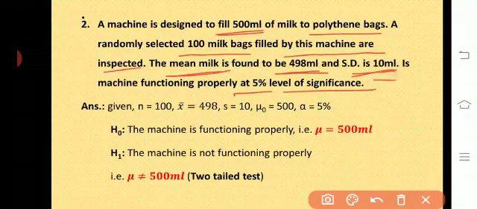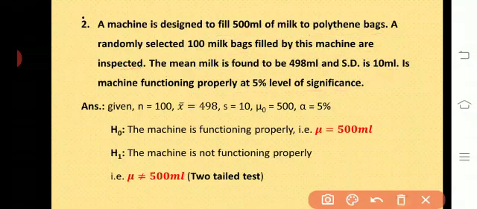We can say that the machine is functioning properly if the average milk filled in these polythene bags is equal to 500 ml. If it is less than or more than 500 ml, then we can say that the machine is not functioning properly.